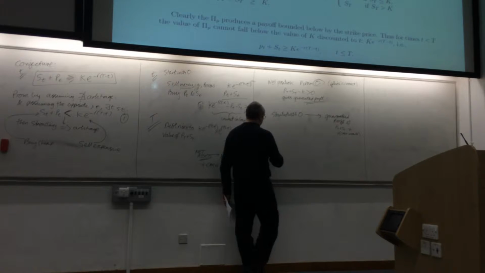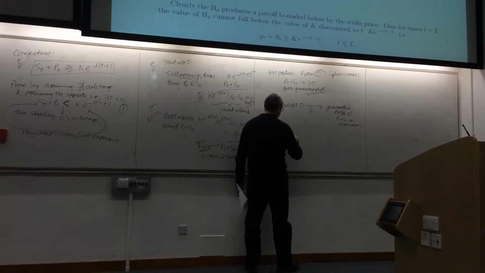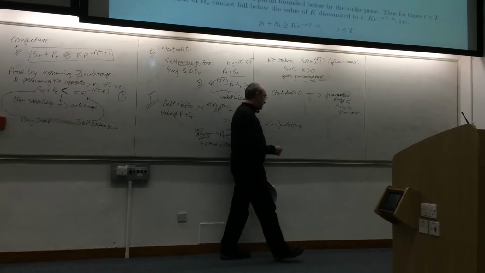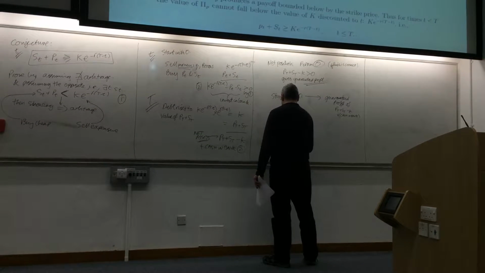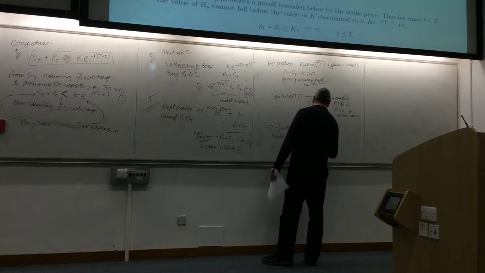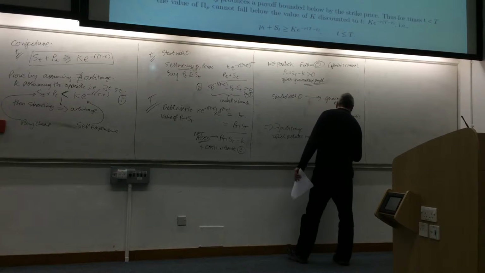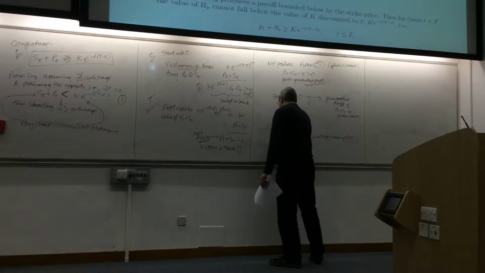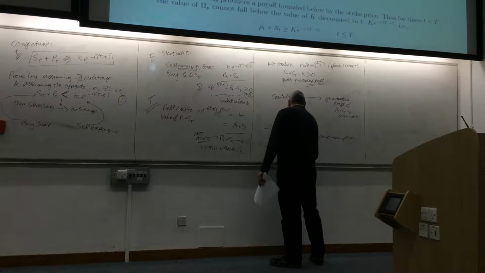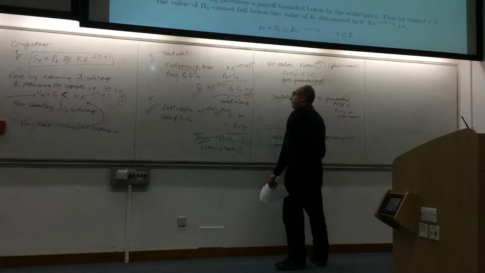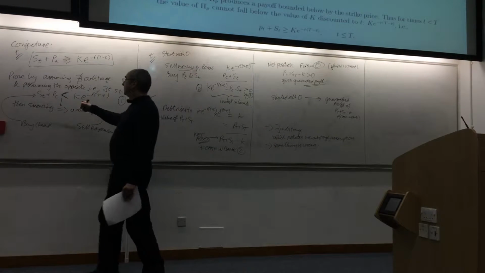So that implies that there exists an arbitrage, which violates the assumption. So it implies something's wrong, and the only thing that can be wrong here is equation 1.